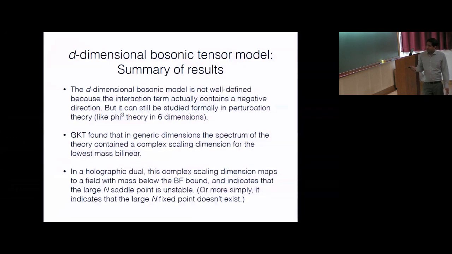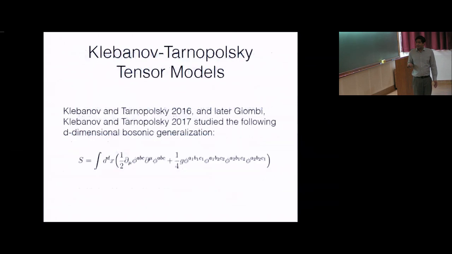So when solving this theory in less than 4 dimensions, they found that unfortunately the theory is not well defined, and the reason is one obtains a complex scaling dimension for the lowest mass bilinear, phi phi.